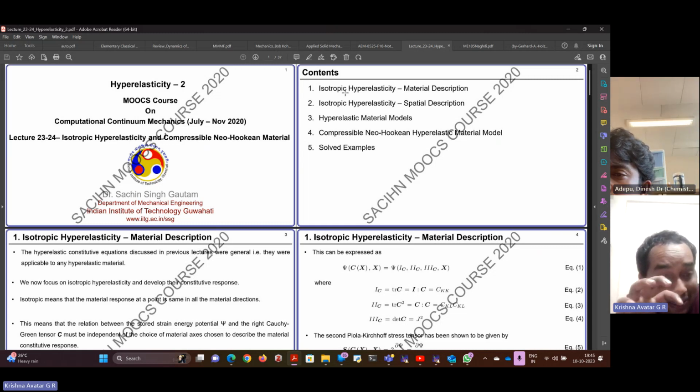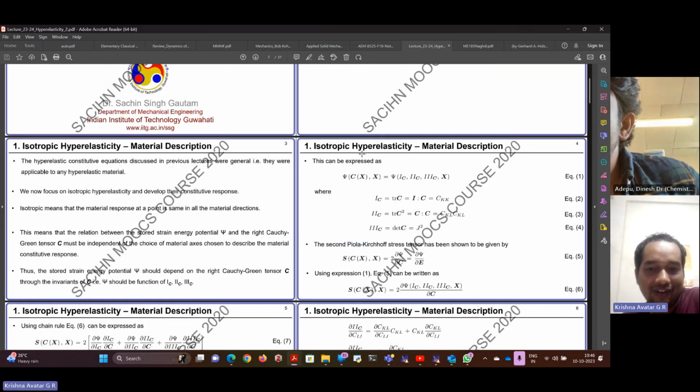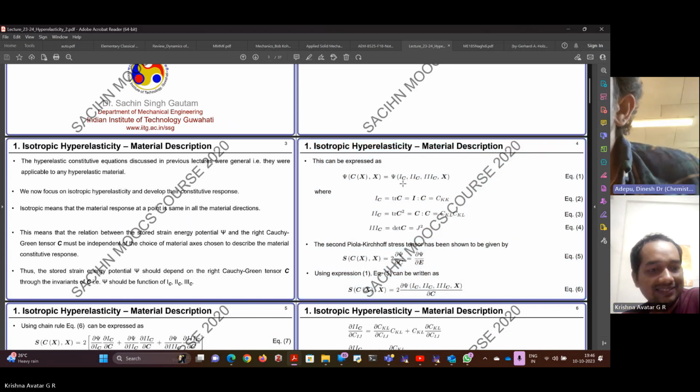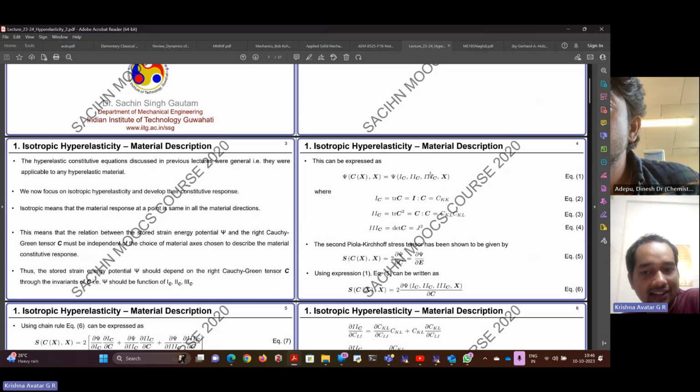So we need to express it in certain invariants of that Cauchy-Green tensor. That is why for isotropic hyperelasticity we always express the energy in terms of invariants, because only invariants have the property required. So it depends on the first, second, and third invariants.